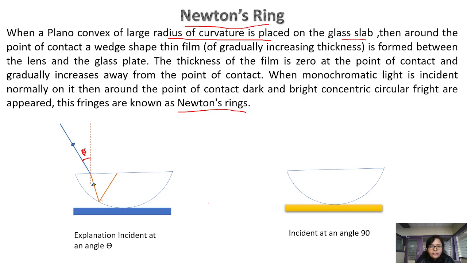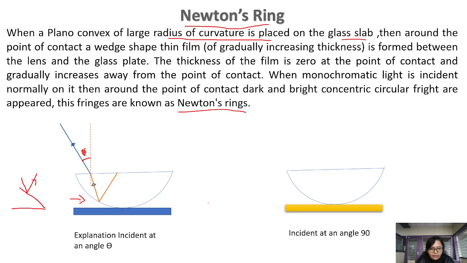reflected from this point. As you see, this point is the upper surface of the thin film. In my previous slide I explained this is the wedge-shaped film. Now here we make a light incident and this is the upper surface of the wedge-shaped film, so light is reflected from this point. A similar thing happens over here. The film lies between the lower surface of the plano-convex lens and the upper surface of the glass slab.